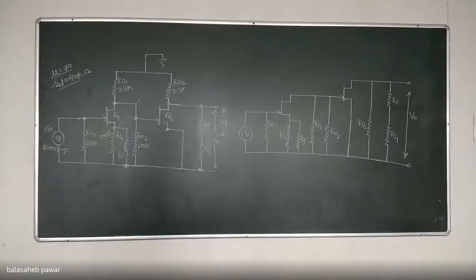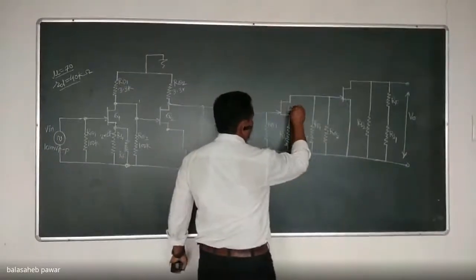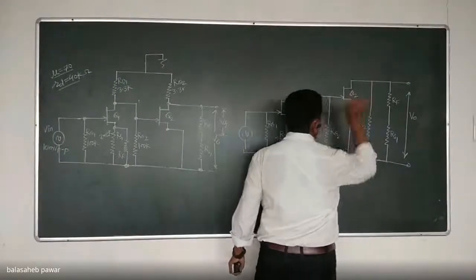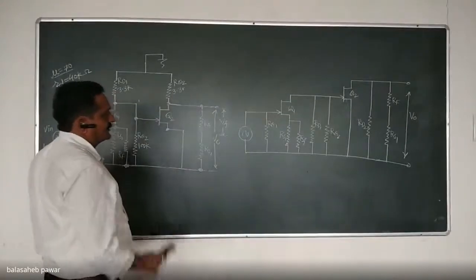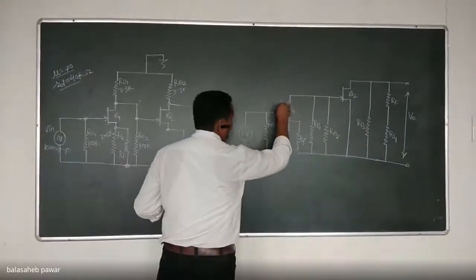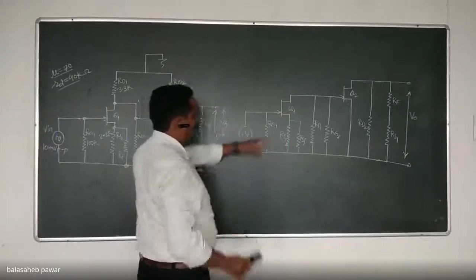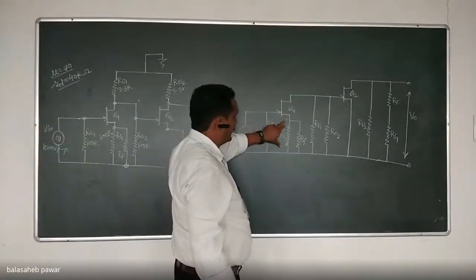Is it visible properly? Yes, sir. Okay. So this is our first transistor Q1 and this one is Q2. You will observe one change at the source of the first transistor as it is not bypassed.